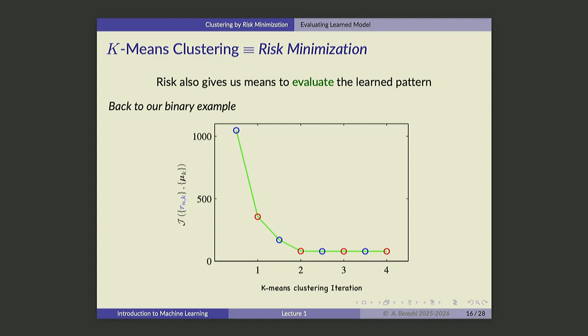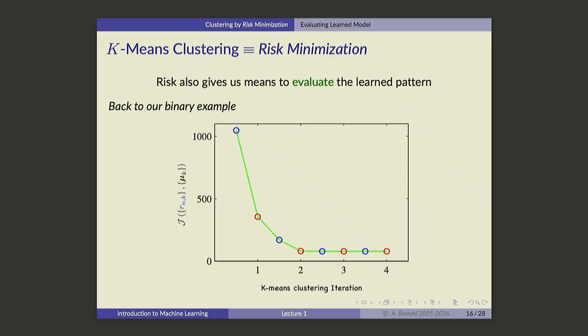But the better thing that we could say is that you can start computing the risk term. Initially, at step 0, when you have not done any step of optimization, you have random assignments and random centroids, and the choices are extremely bad because the risk is significantly high.